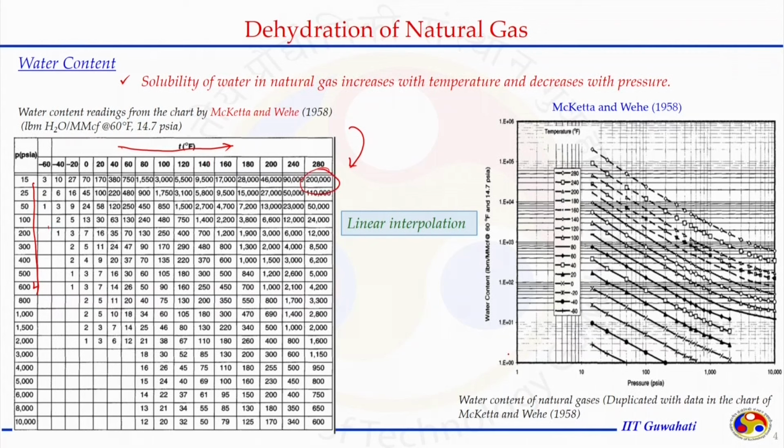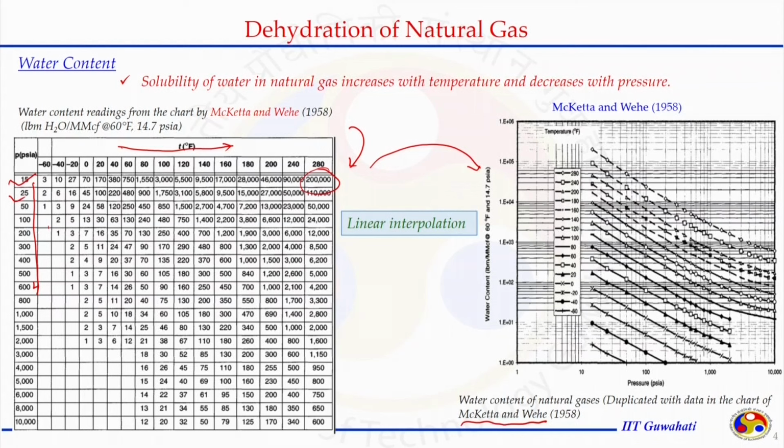Similar data has been shown in this graph, also from McKetta and Wehe. When we have a condition at an intermediate location, for example, here it is 15 and 25 psia, and we want the value at 20 psi, we can always interpolate to get the data at a position which is not given in the table.